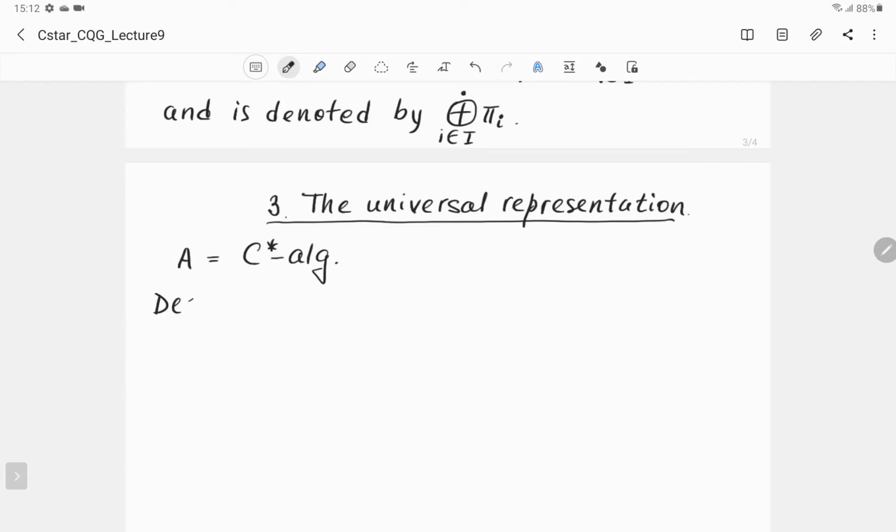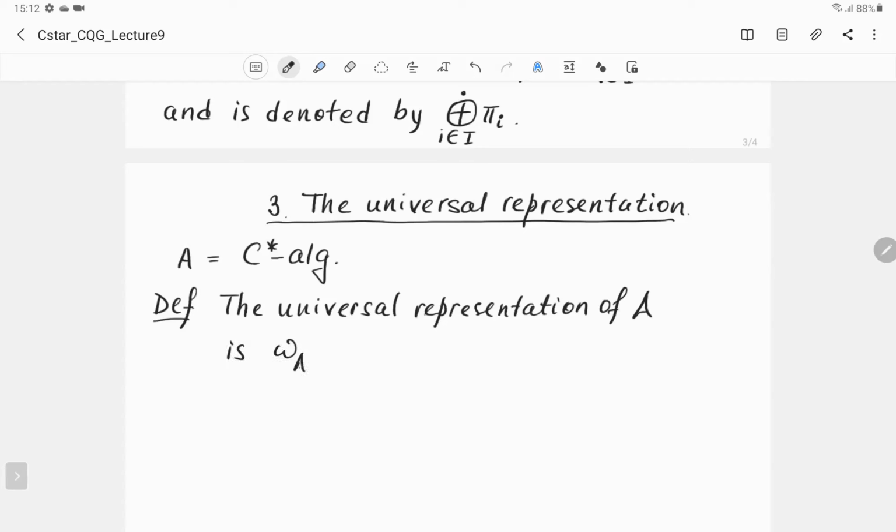We define its universal representation to be the Hilbert direct sum of all GNS representations pi f associated to states of our algebra.